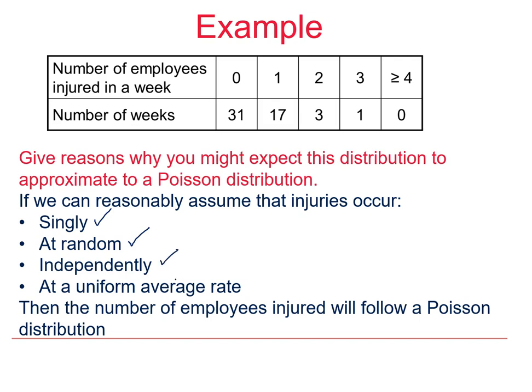They occur independently of each other, and perhaps weekly over the year we could assume that they have a uniform constant average rate. Those four don't seem unreasonable assumptions, and therefore it looks like the number of employees injured in a week could be modelled with the Poisson distribution.